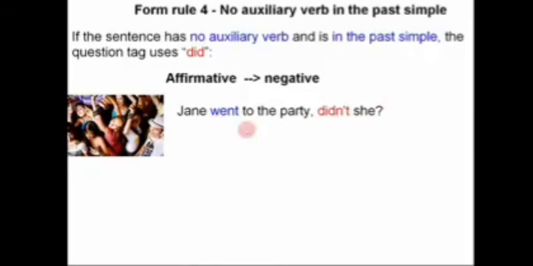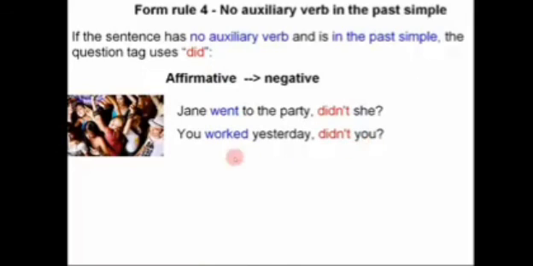If you look at this sentence very well, you discover that the verb went is in the past simple tense. So, since there is no auxiliary verb in the sentence, we introduce did. And remember the basic rule that a positive statement takes a negative question tag. So, that is why we have didn't.